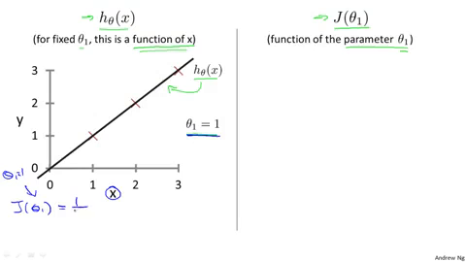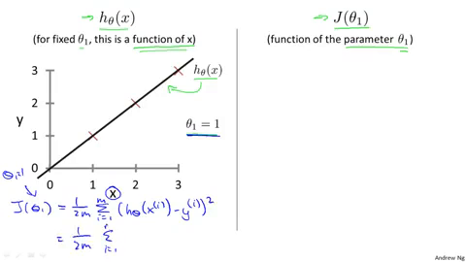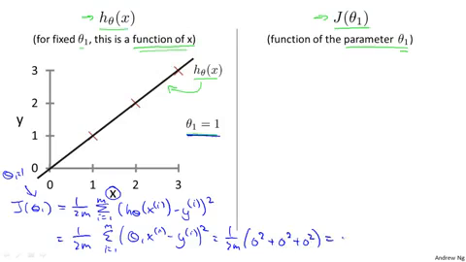Well, as usual, my cost function is defined as follows: the sum over my training set of this usual squared error term, theta 1 times x_i minus y_i. And if you simplify, this turns out to be 0 squared plus 0 squared plus 0 squared, which is, of course, just equal to 0.